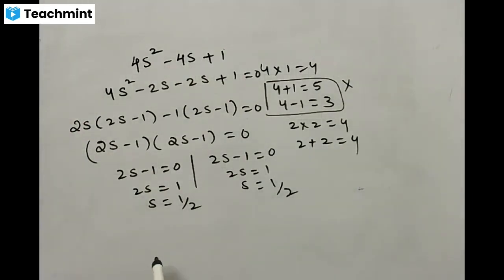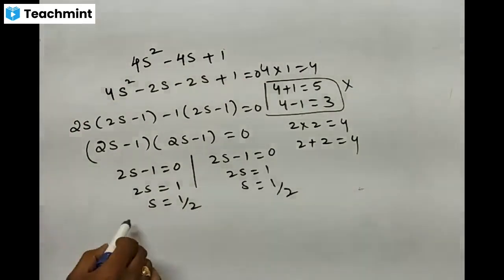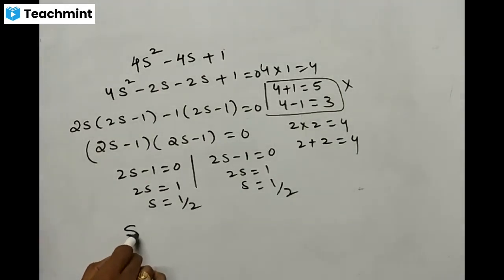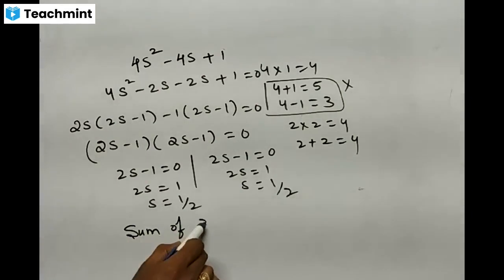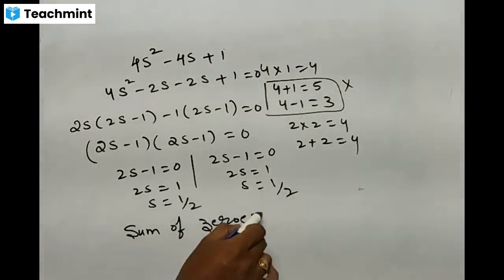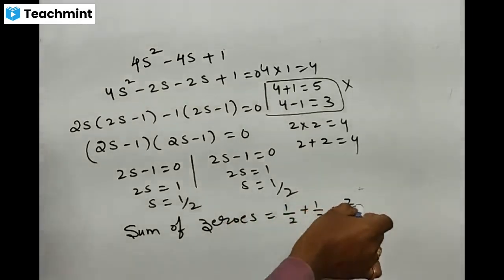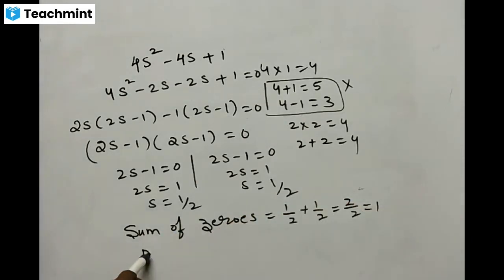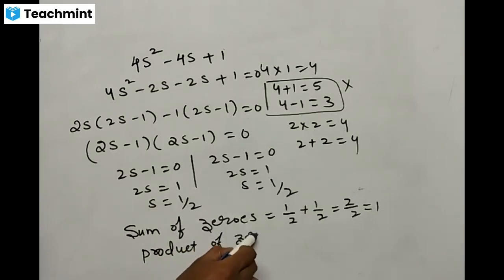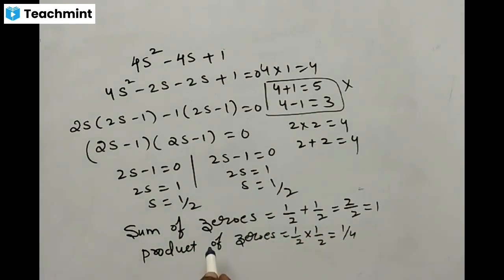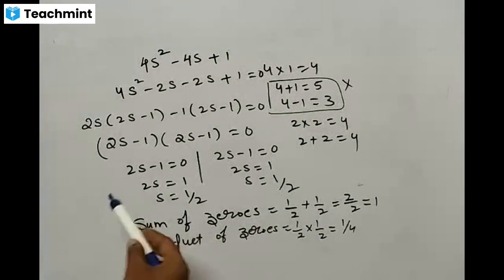Equal zeros, same zeros. Next, find out the product: 1 by 4. So now using the formula you find out the same.